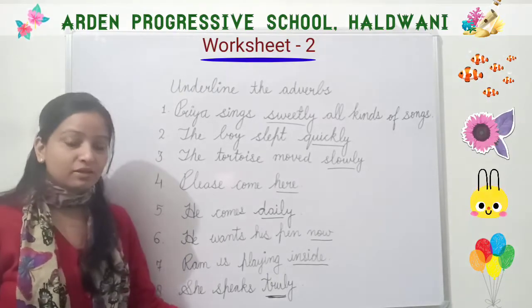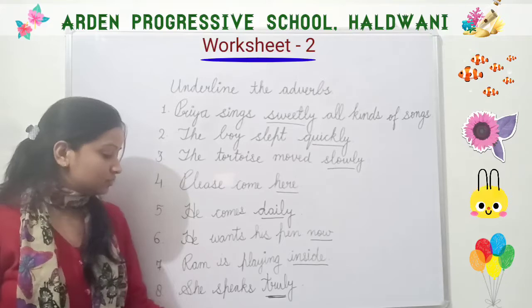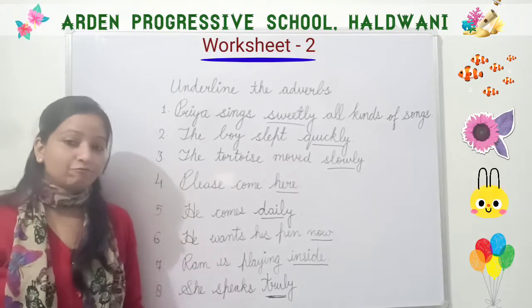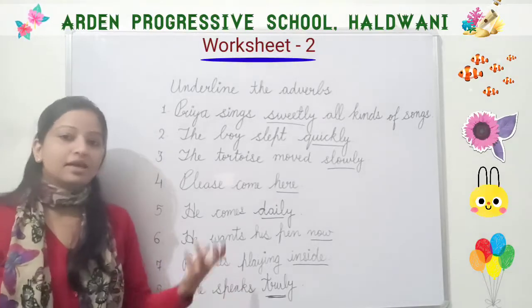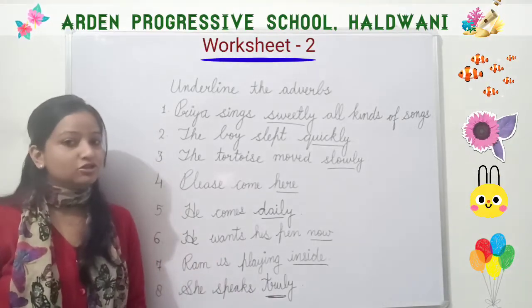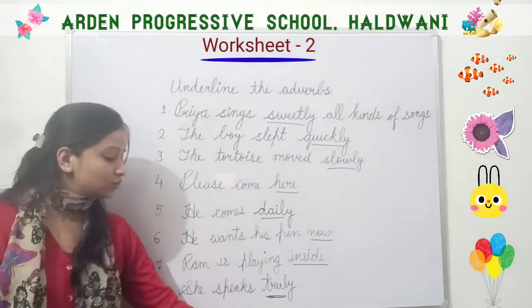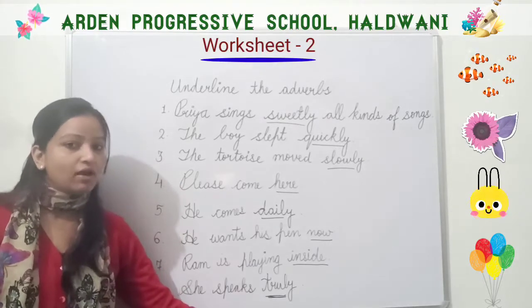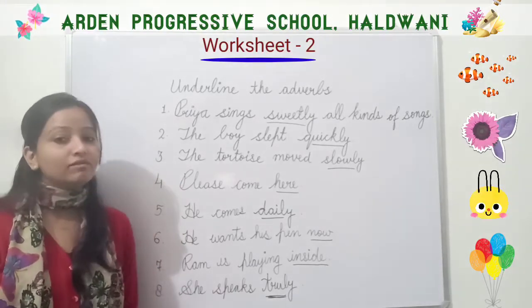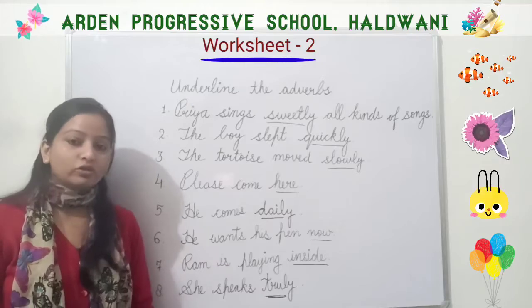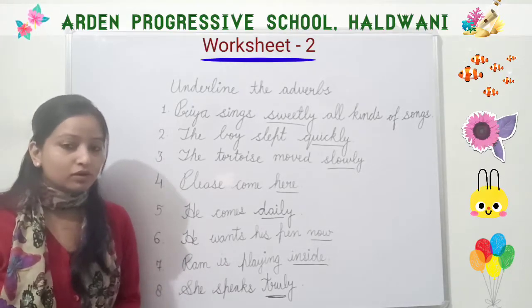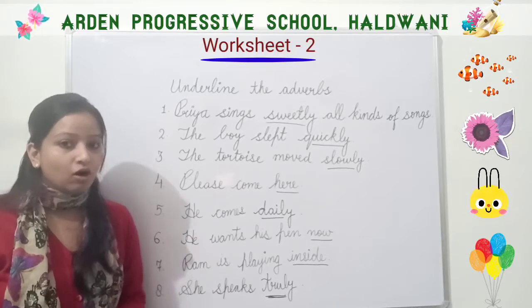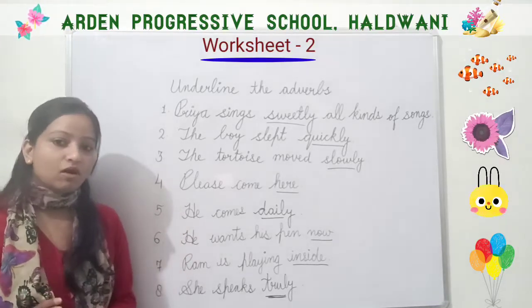We have formed the question, how does she speak? This word truly is giving us the answer of how. So whenever we get the answer of how the action has been done, that particular word is an adverb of manner.